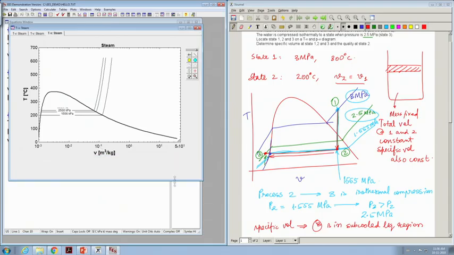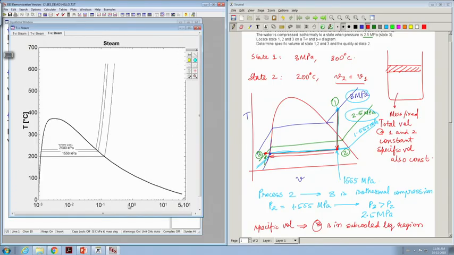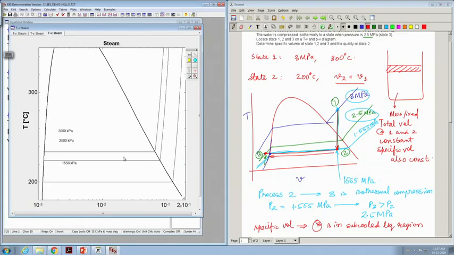Let us rescale it for our convenience. We do not need the axis to be so large. The maximum goes to maybe 0.2 on the x. The y axis maybe we can have from something like 180 and it can go to a maximum of maybe 350. So, these are the 3 isobars.